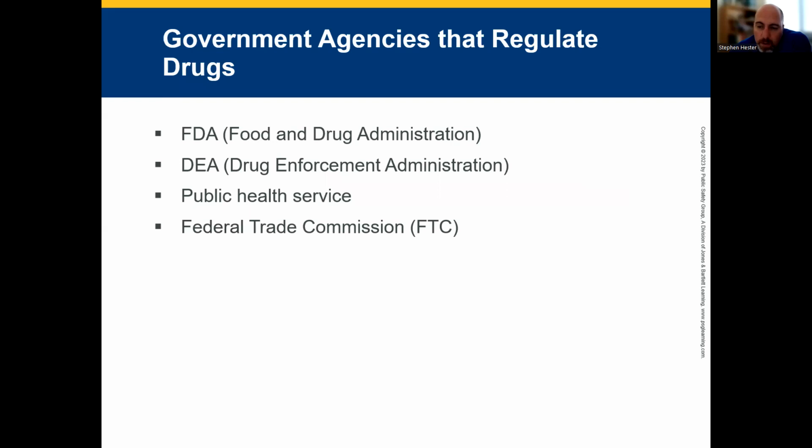This includes registration of physicians who are permitted to dispense controlled substances. The Federal Trade Commission monitors drug advertising and ensures that it is not misleading or inappropriate. Okay, so these are all the agencies you could possibly deal with if you do have a mess up.